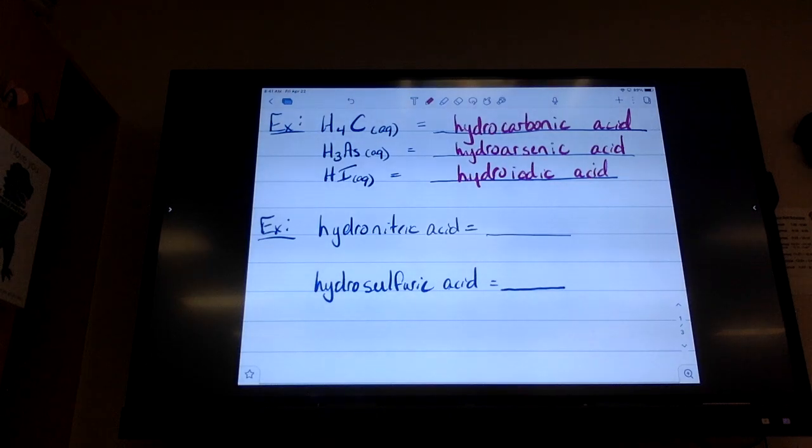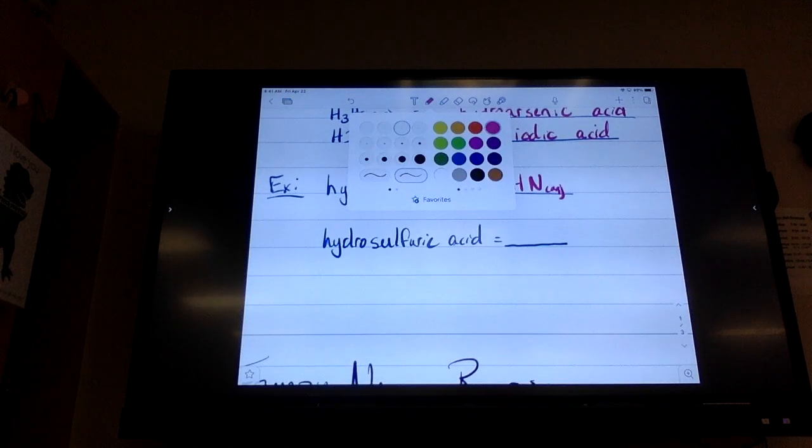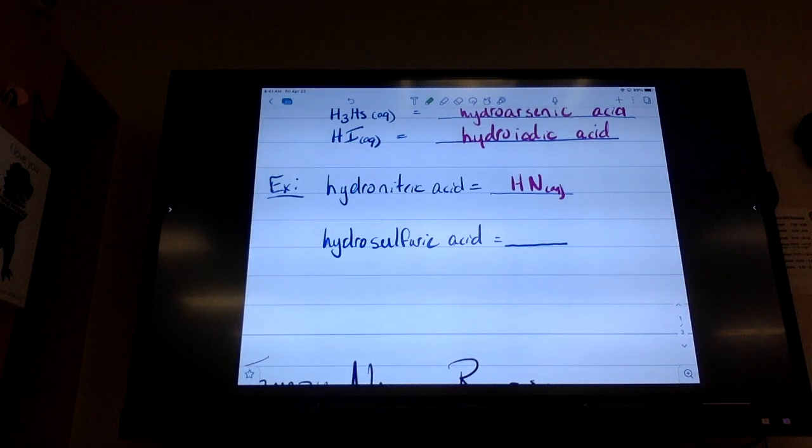Okay, hydronitric. Here we go. This is where you've got to be careful because it's really easy just to do this: H, N, aqueous, and I'm done. And it's wrong. What did I do wrong, do you think? I've got to figure out how many of each I need. I've got to balance it out. So hydrogen is always a +1. Acid tells you it starts with H. And then nitric is nitrogen.